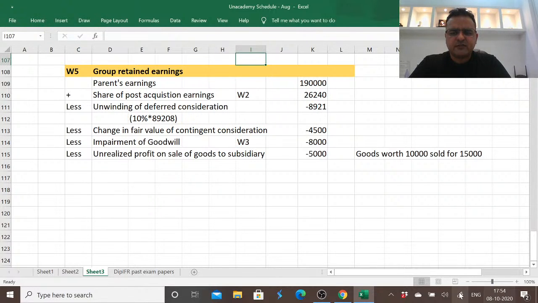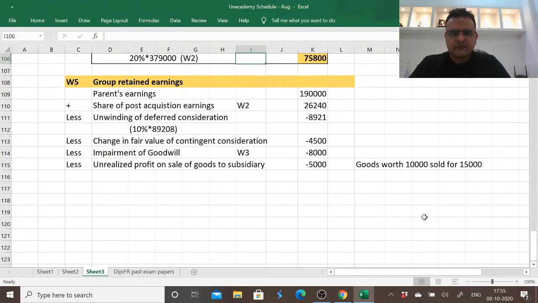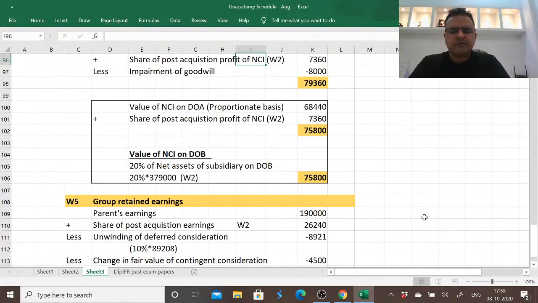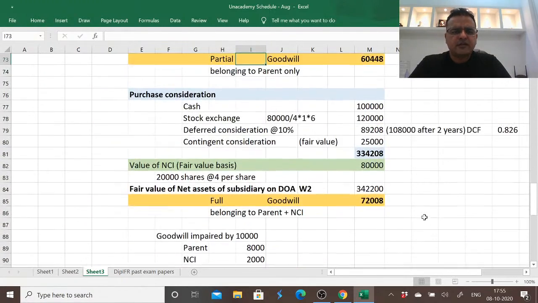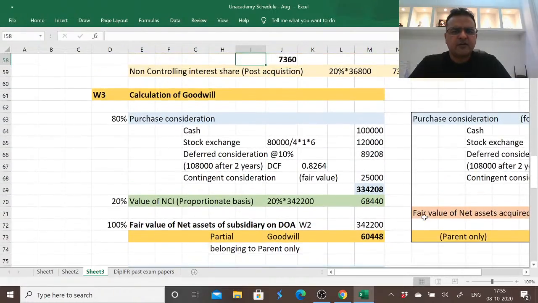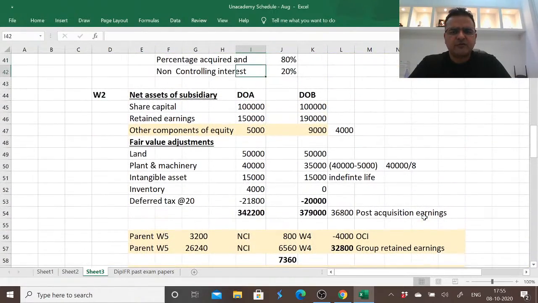If subsidiary sells goods to parent, then the adjustment of unrealized profit can be done in working note number 2. This working note number 2 is indirectly the P&L of subsidiary. So if subsidiary is selling to parent, it makes sense to make the adjustment in working note number 2.